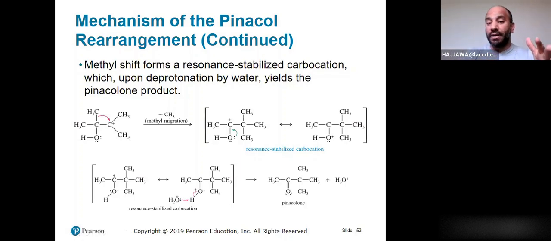But here, the stabilization is happening by the lone pair that's sitting on the oxygen. So that's what actually pushes the migration step to happen, and you can see here the two resonance forms because of that stabilization effect. Once you have that, you can end up making the pinacolone by having the medium abstract that hydrogen from the protonated ketone. And the pinacolone is the outcome of the pinacol rearrangement.